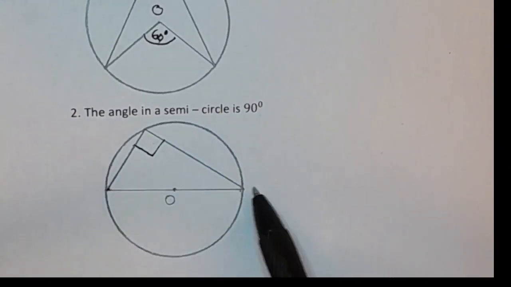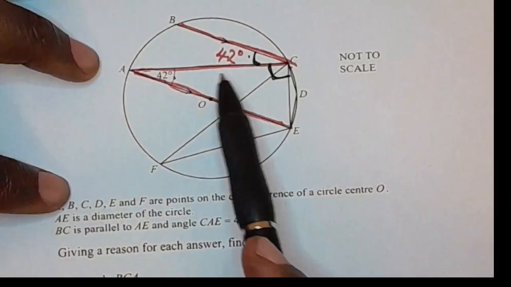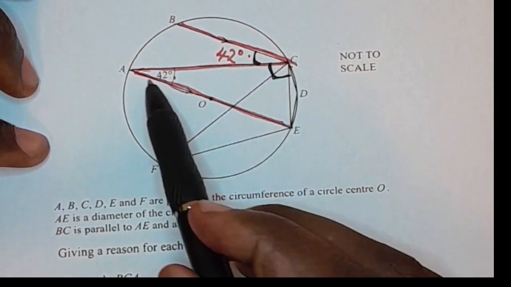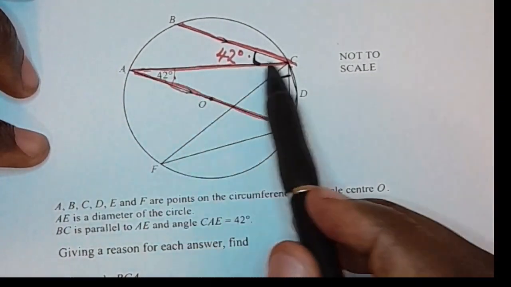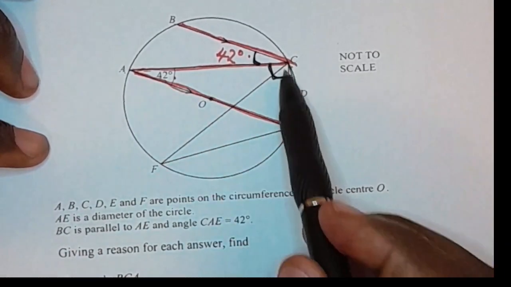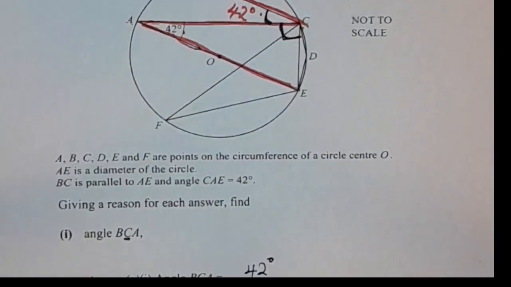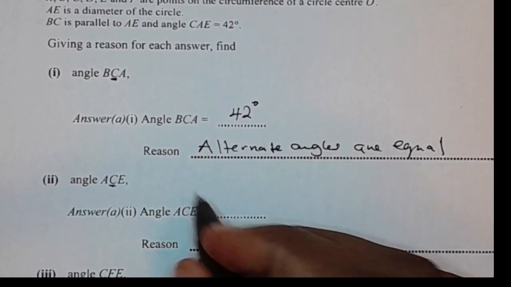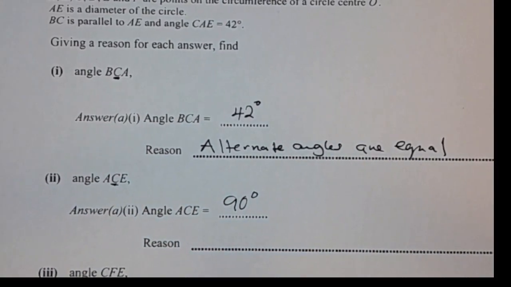Because this is a diameter, the angle being formed here is 90 degrees. So we are going to say angle ACE is 90 degrees.